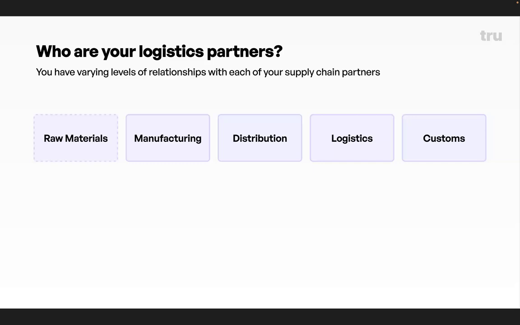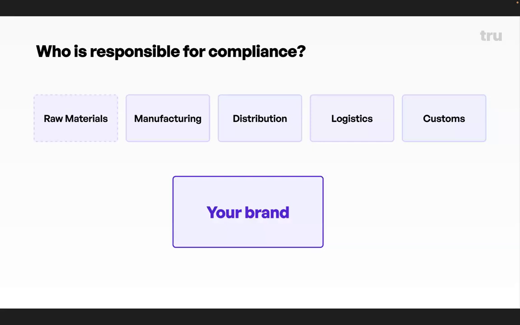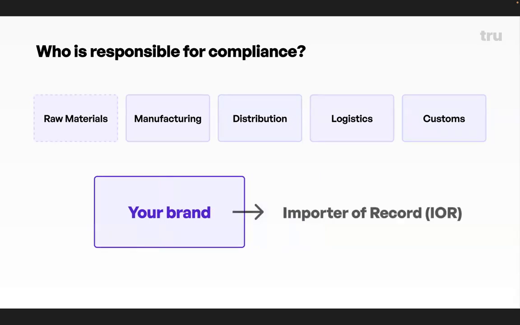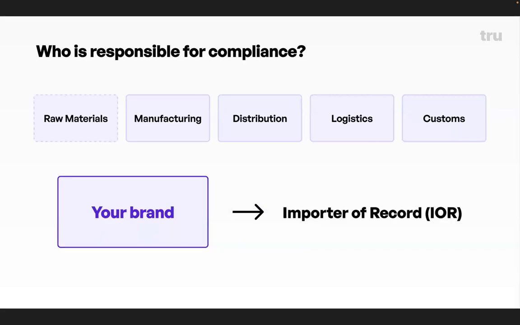But when we talk about compliance, right, we look at the entire landscape, who is actually responsible? Well, while it can be quite technical, the answer is fairly simple, that it is most common for the brand to be responsible for compliance, because you are most commonly the importer of record, but actually even people who are not the brand can be responsible for compliance.